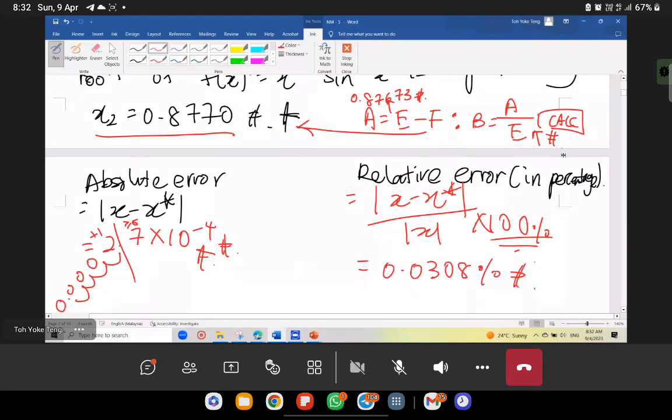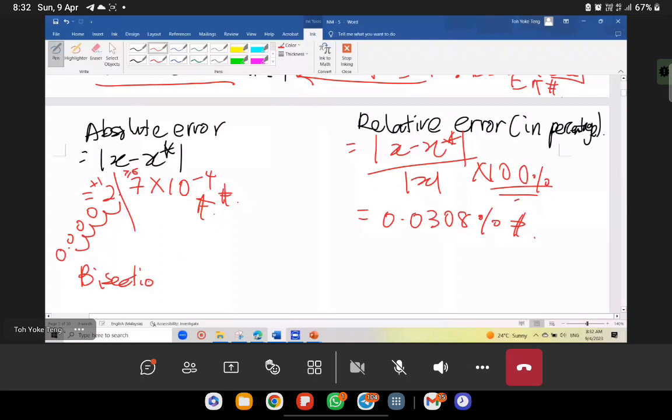Okay, as a recall for you, from the bisection method you got the absolute error as 0.0140, and the relative error in percentage as 1.59%.